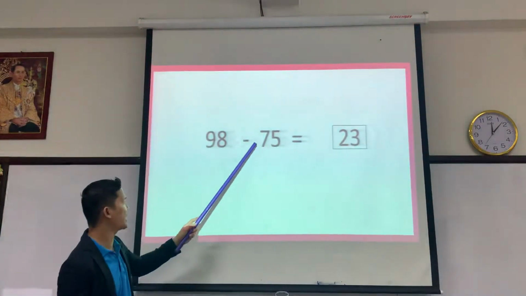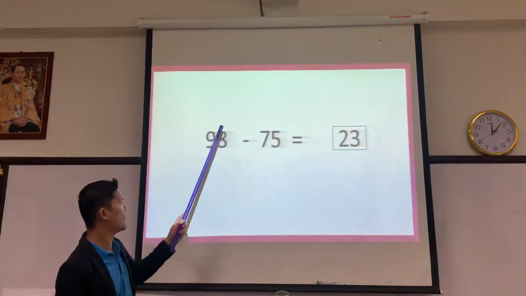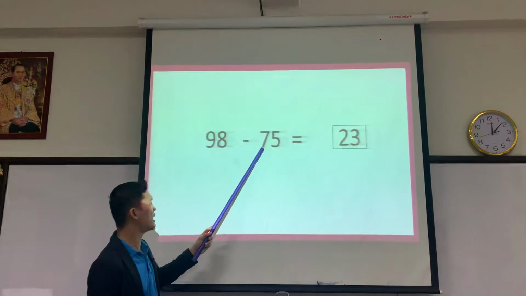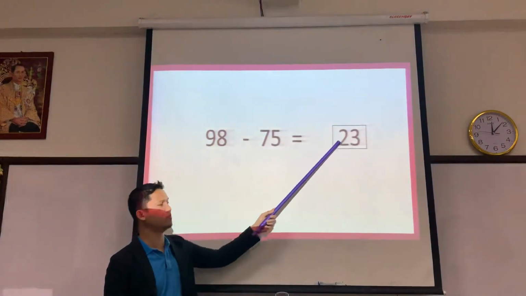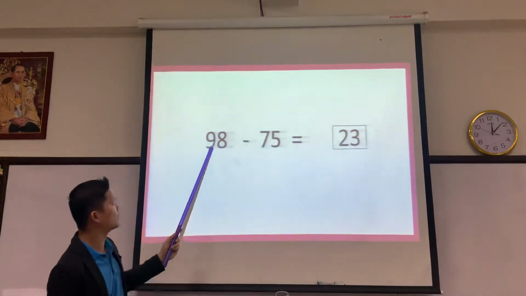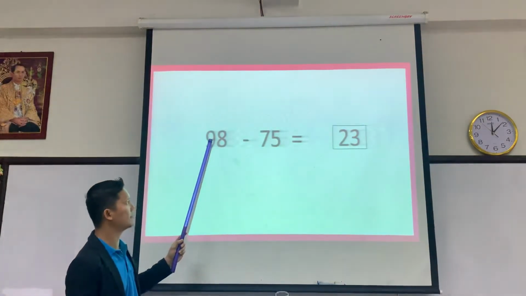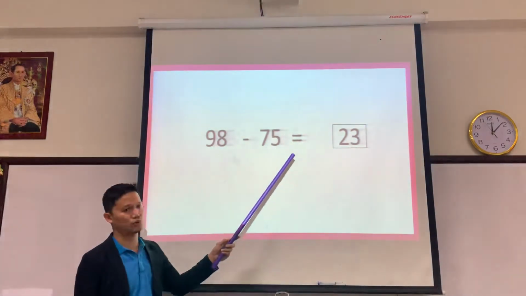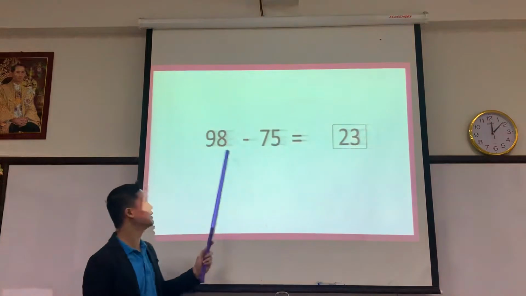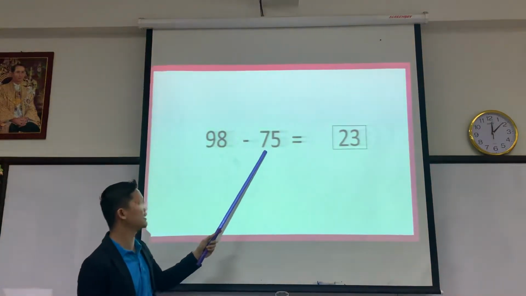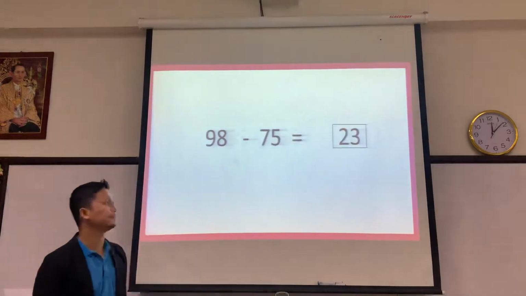Next, we go to the tens place. 9 minus 7, then we write here 2, because the number left from the 9 is only 2. So 98 minus 75 equals 23.